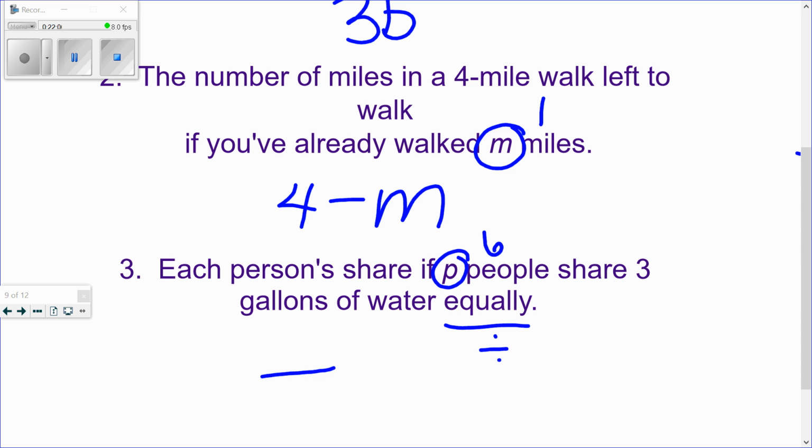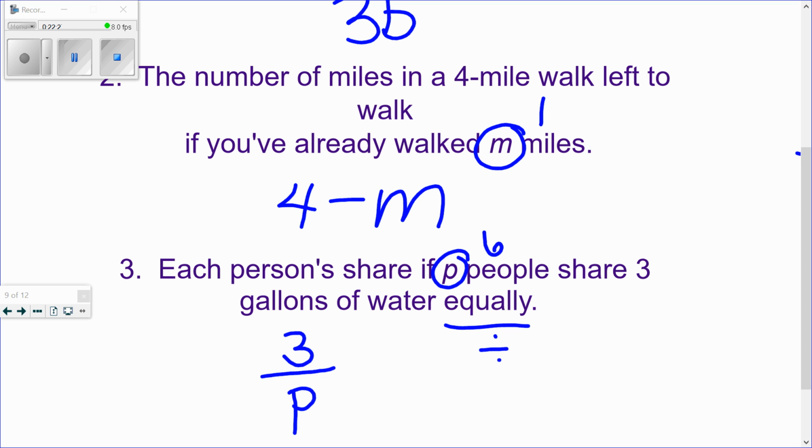Which way do we perform the division? What do you think? Good. So 3 gallons is what you're dividing, what you're splitting. Whatever you're splitting needs to go in the numerator. And then in general, we can put P down there. If it was 6, it'd be 3 over 6. 3 divided by 6 would get a half a gallon. Okay.